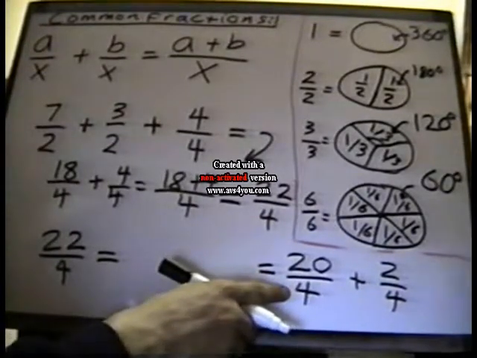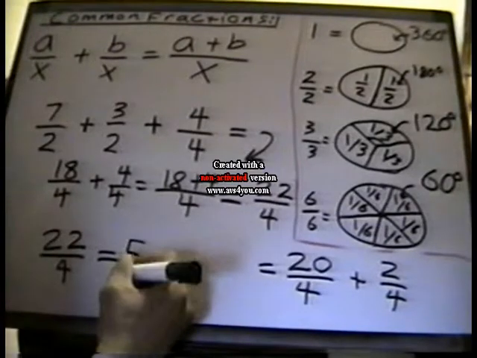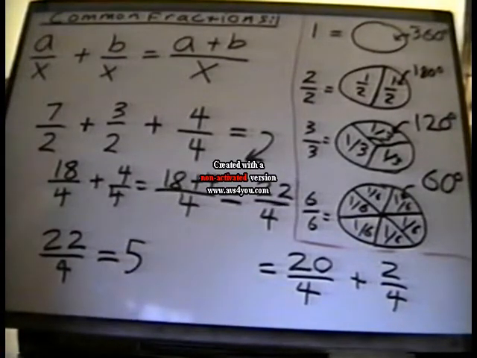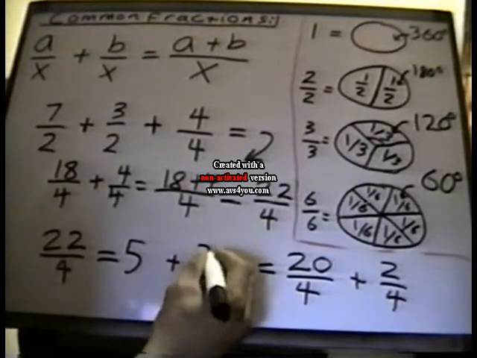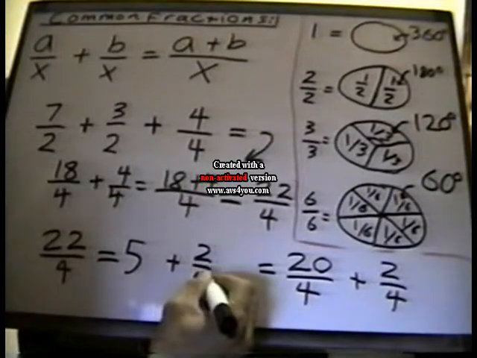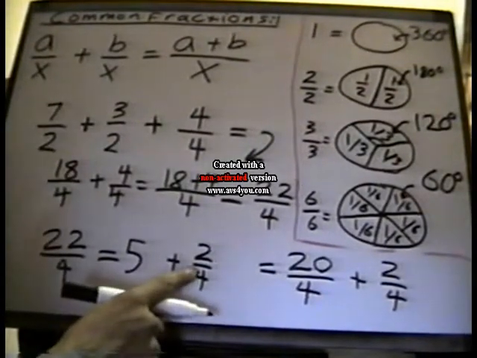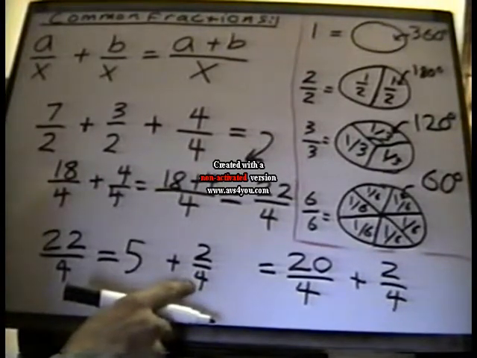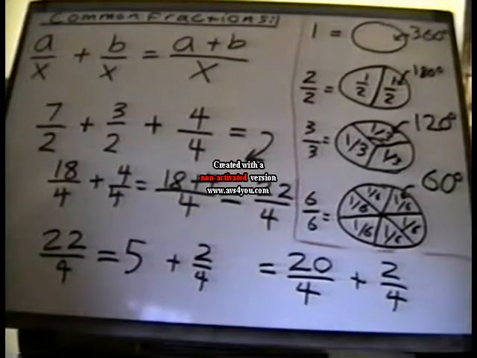20 over 4, 20 divided by 4 is 5. Okay? 20 divided by 4 is 5. We say plus 2/4. 5 and 2/4. But this can be further broken down. 2/4 is equal to 1/2.